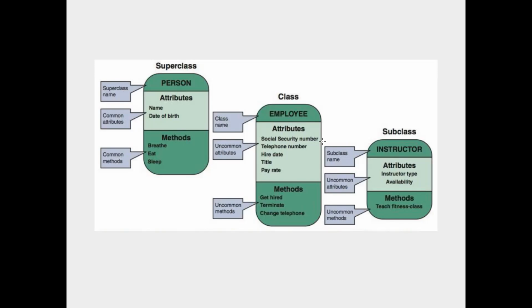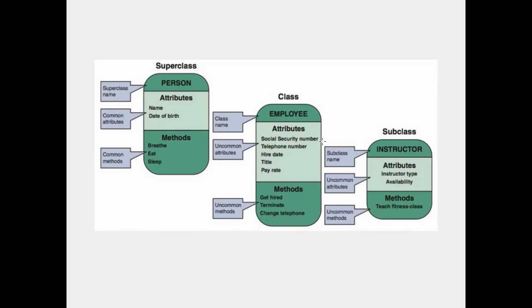We already discussed the subclass instructor inherits all the attributes from the class, plus it has two uncommon attributes, instructor type and availability. And then we have a method, teach fitness class, which is another specific method.